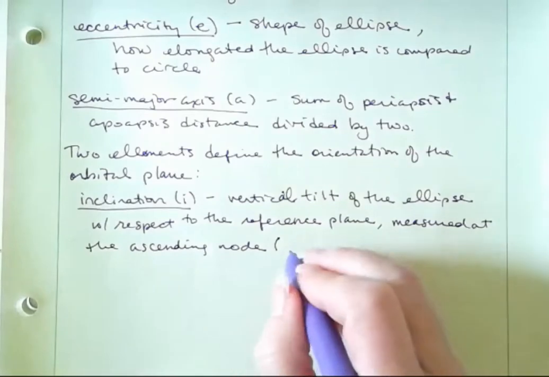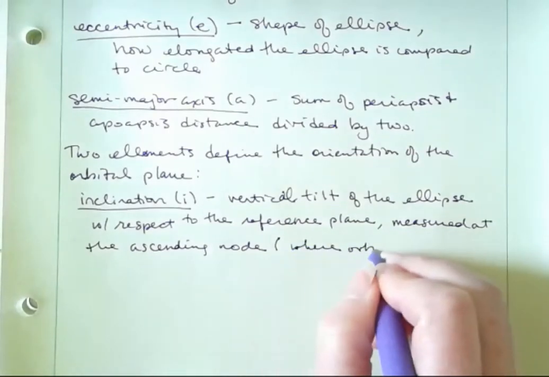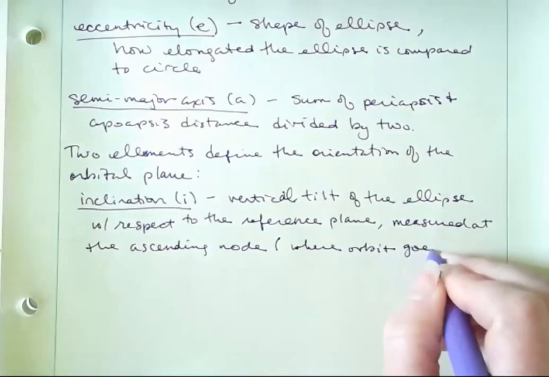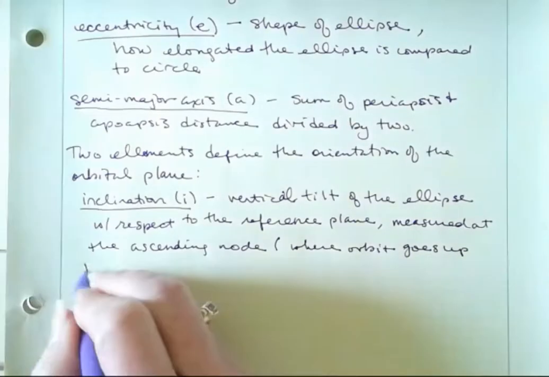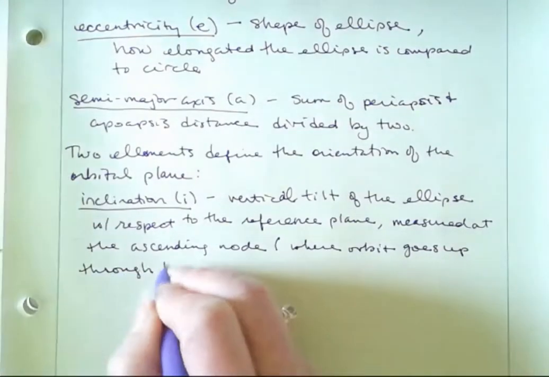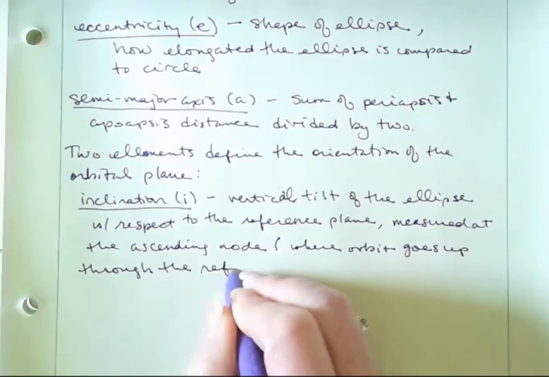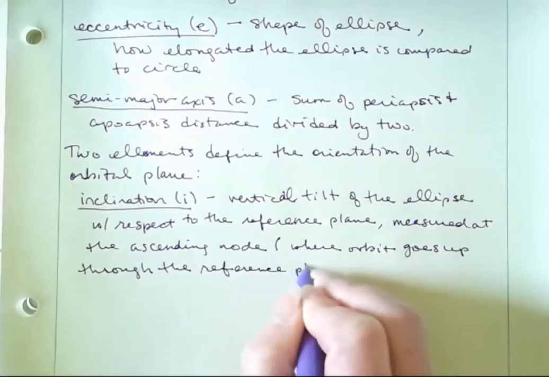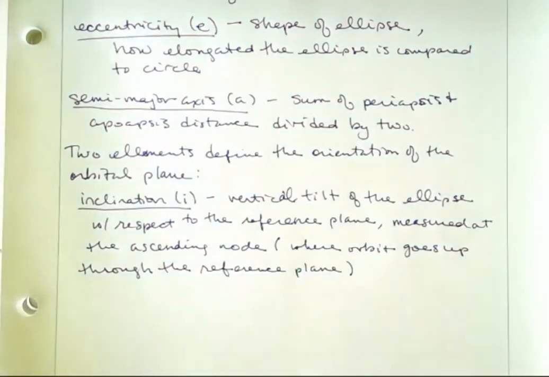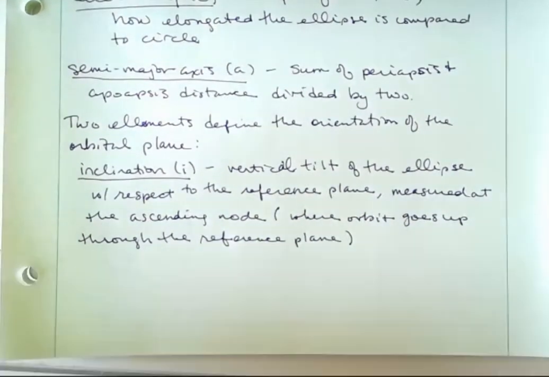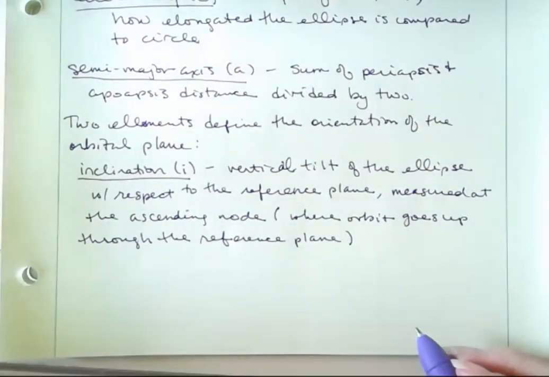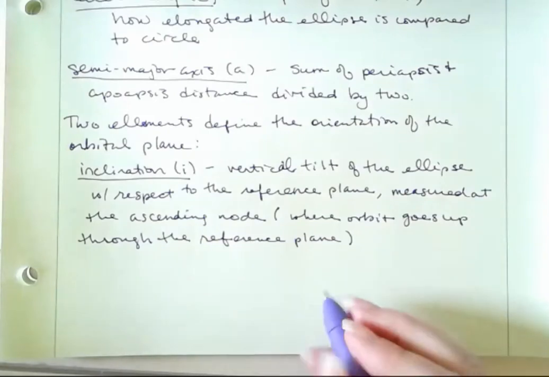The ascending node is going to be the point where the orbit goes up through the reference plane. And we'll have all of this drawn in just a second. I just want to get all the definitions done first. So that's what inclination is. It basically tells you how high up your orbit is tilted compared to this reference plane.